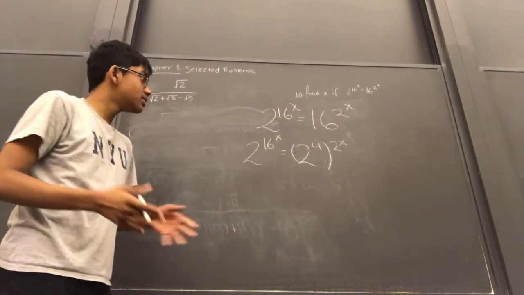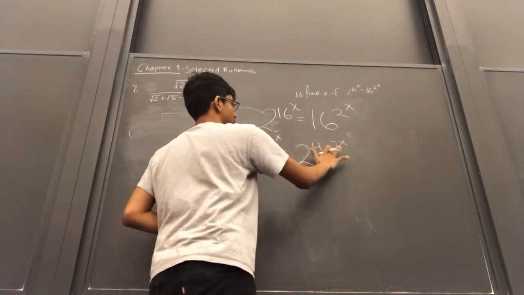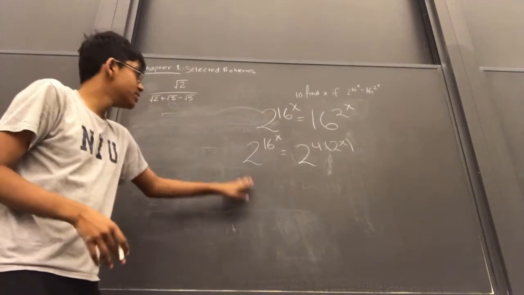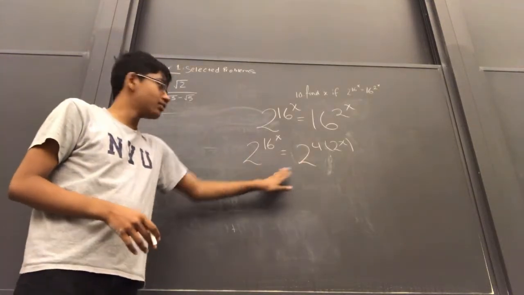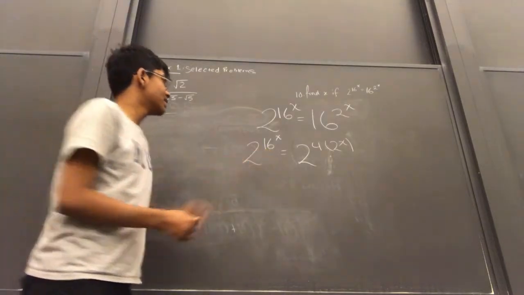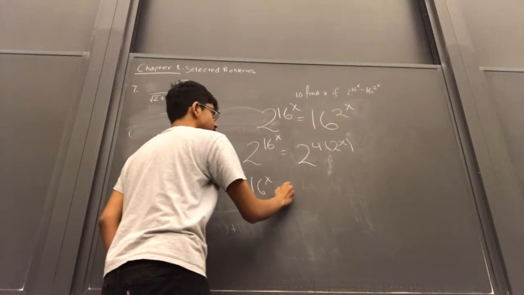Now we seem to be done. Let's just put the parentheses right here. So now you see that we have the same base, which is 2, in both sides of the equation, and now we can set up the exponents equal to each other.